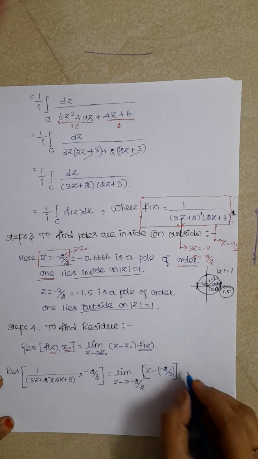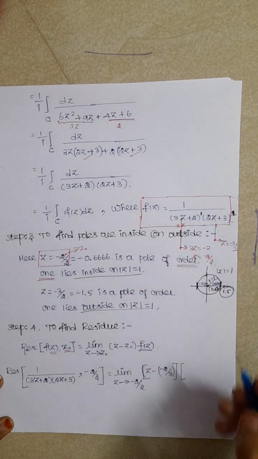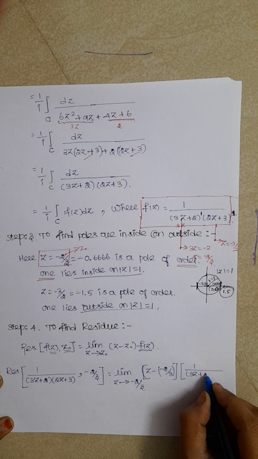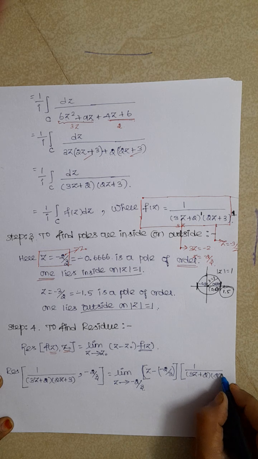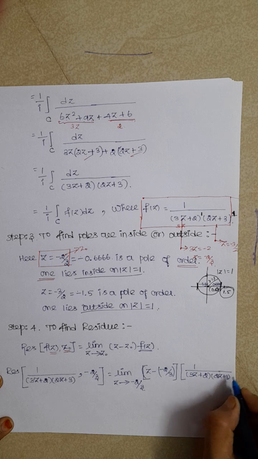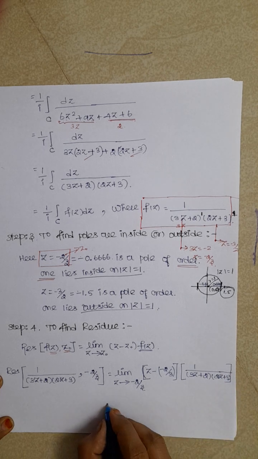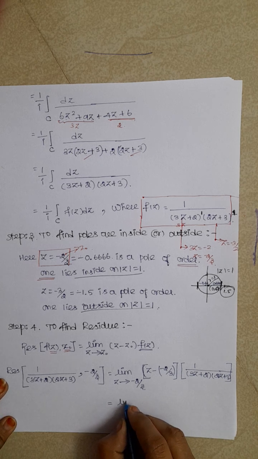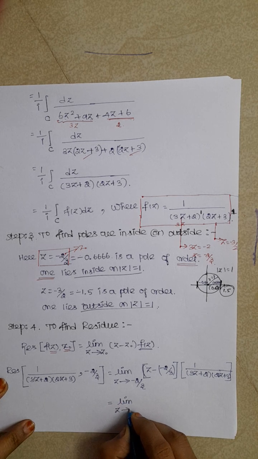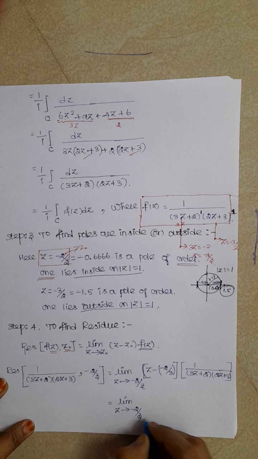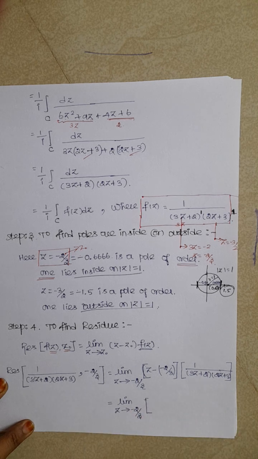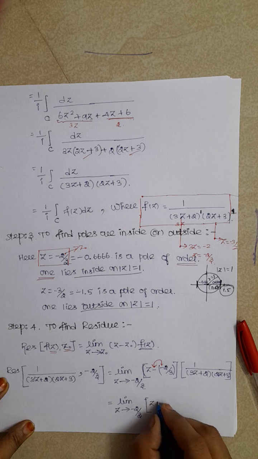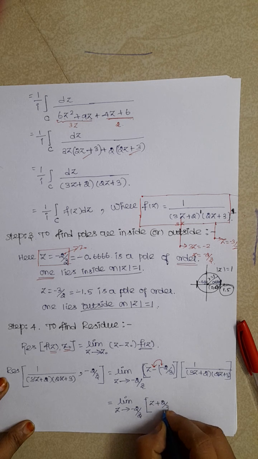Another one is f(z). The f(z) value is 1 by (3z plus 2) into (2z plus 3). So the next step is simplification. So here the limit z tends to minus 2 by 3. So here it is z plus 2 by 3.